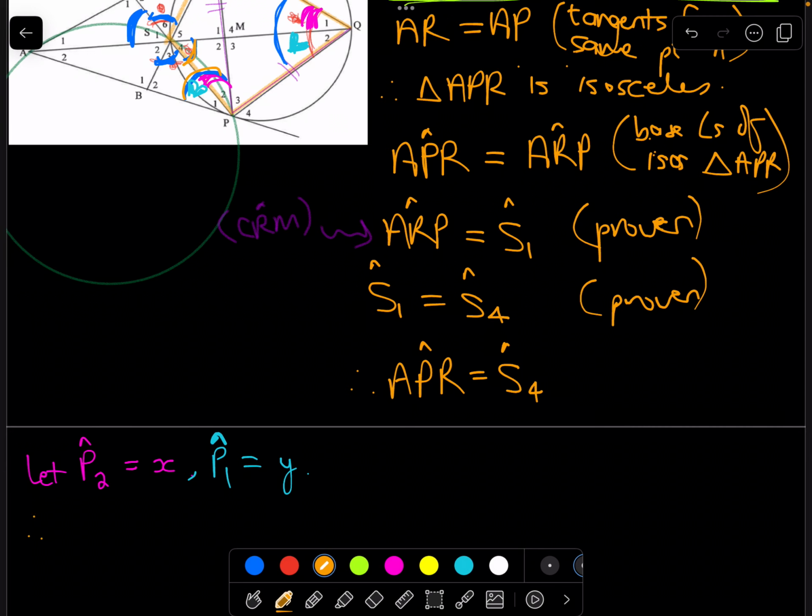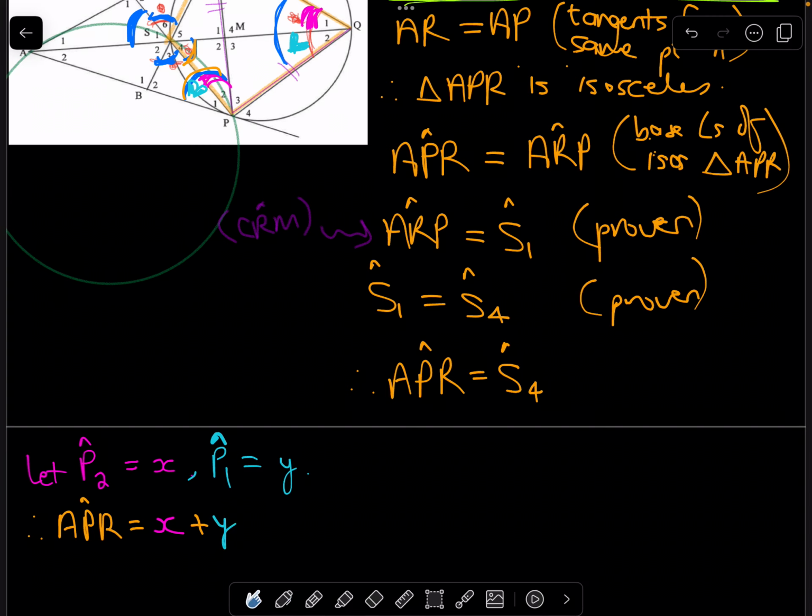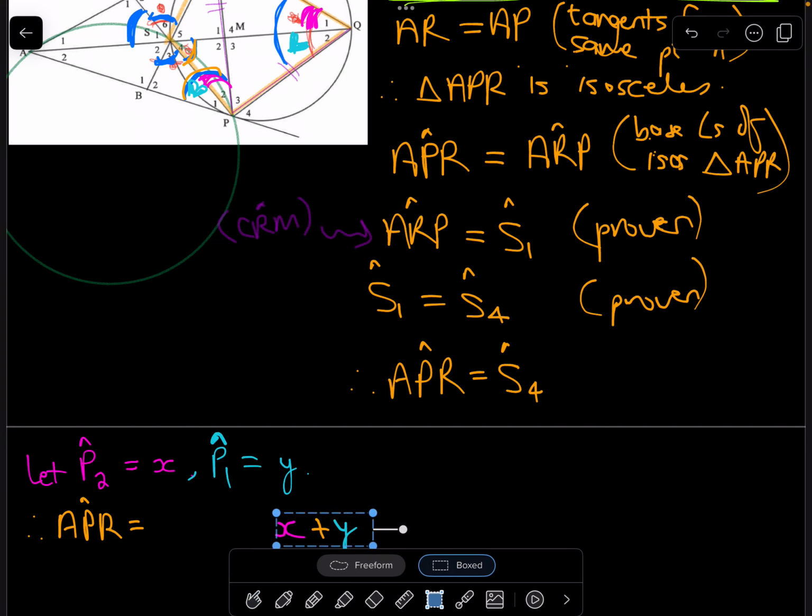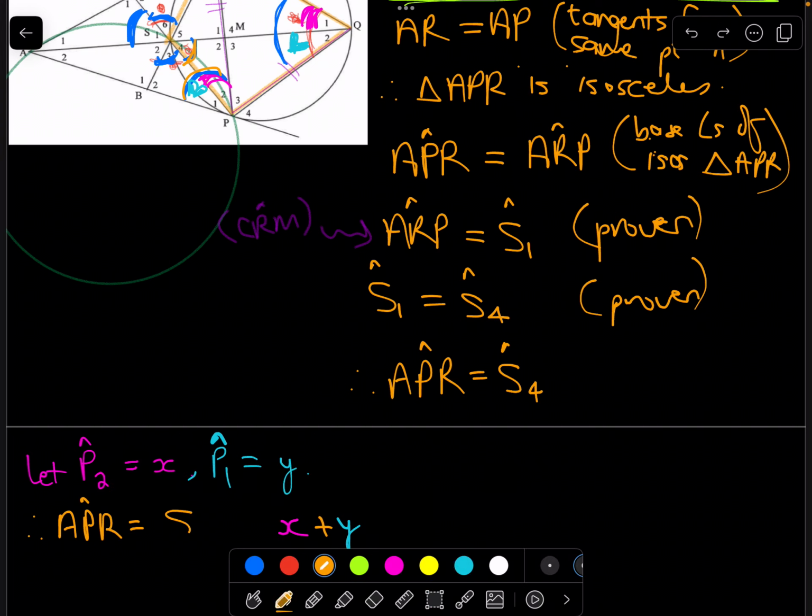So therefore, angle APR is equal to X plus Y, right? And also importantly, S4 is also equal to that. So APR and S4 are both equal to X plus Y, right?